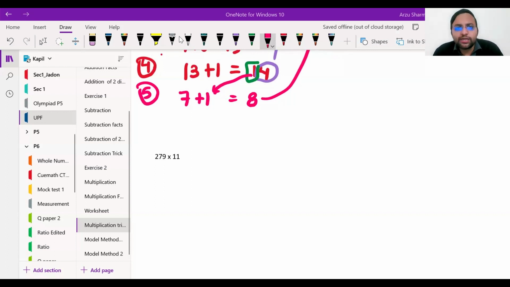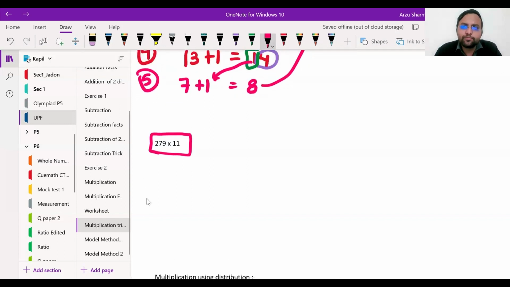Others, those who understood the trick, try to multiply 279 by 11. Parth, Vihan, Sujal, Sharanya. Let's discuss this. Okay, good, Sujal.